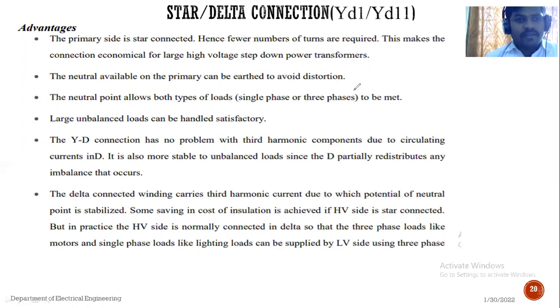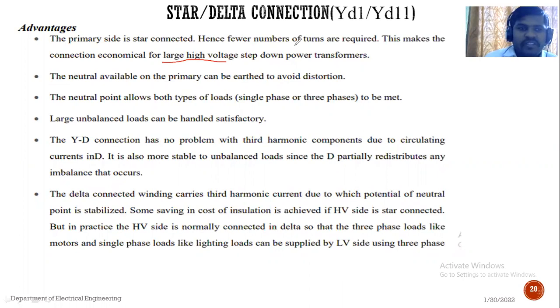See, this is one of the MCQ questions. This connection is suitable for which type of transformer? Large high voltage transformer, or small high voltage transformer, large high current transformer, or small low current transformer.